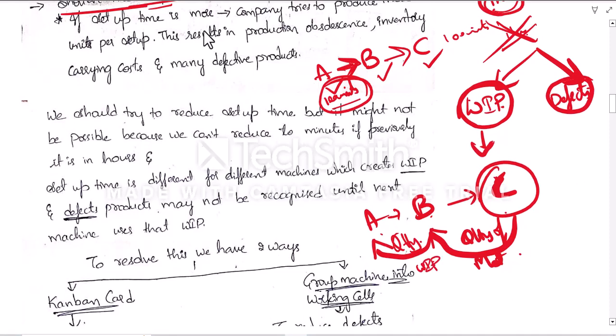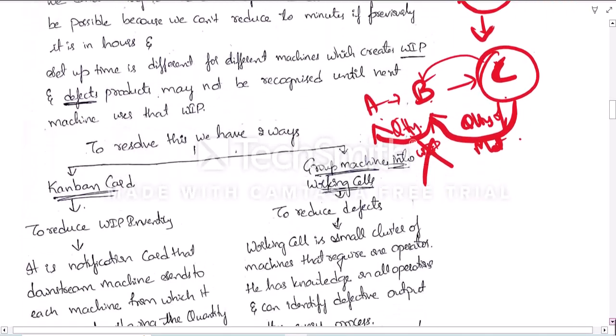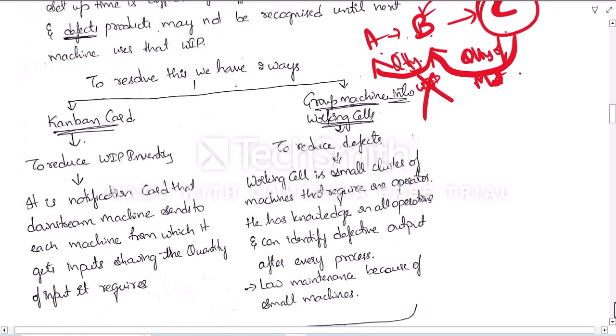Okay, A will produce only that quantity of goods which is required for B, and B will produce such quantity of goods which will be required by C. Even if setup time is different, we can eliminate the work in progress by using this Kanban card. This is a notification card for the upper machine from which it gets the raw material.